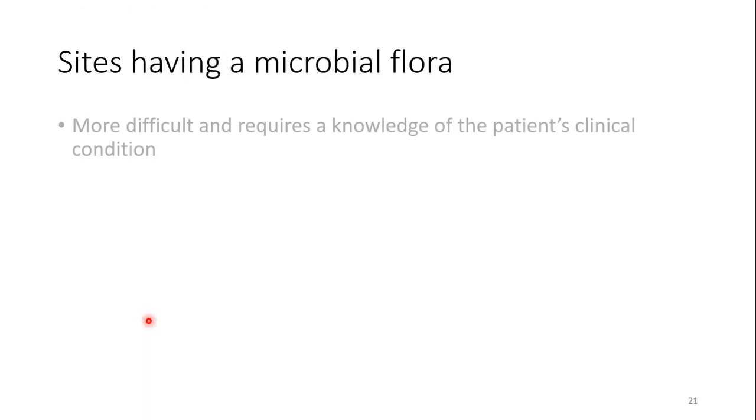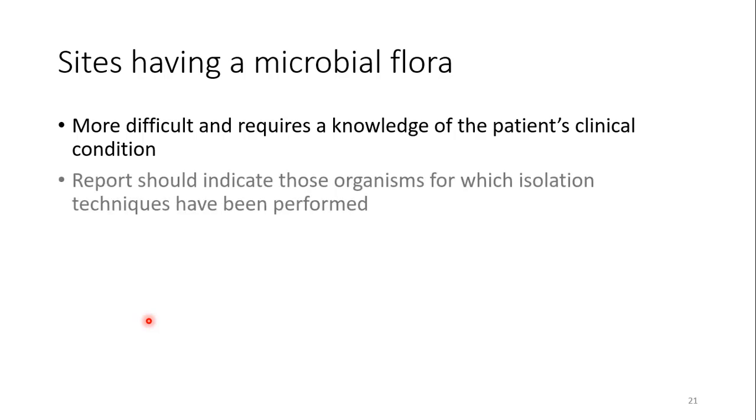For sites which have normal microbial flora, reporting is difficult and requires knowledge of the patient's clinical conditions. This clinical information is helpful in reporting such sites, and the report should also indicate those organisms for which isolation techniques have been performed.